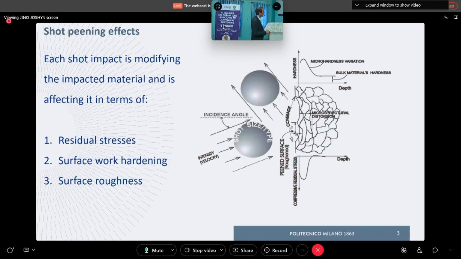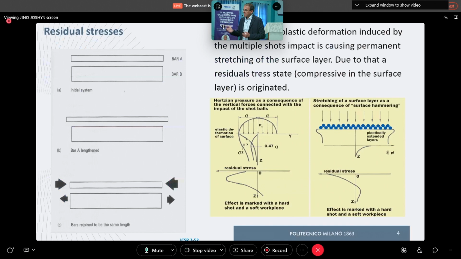We have an incident ball, an incident media, and a rebounding one, and after the impact we can notice grain distortion with an increase and a gradient of hardness, a change in the surface roughness morphology, and then, due to the non-uniform plastic deformation of the surface layer of material, the generation of compressive residual stresses close to the surface. Indeed, I'm not going to comment on this figure again because we have already seen that.